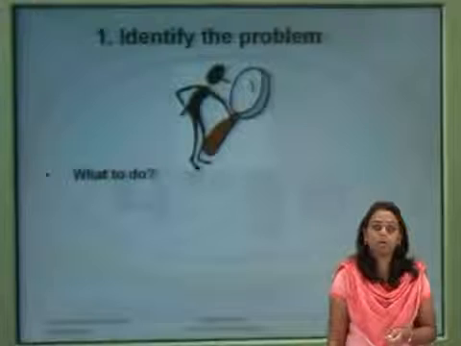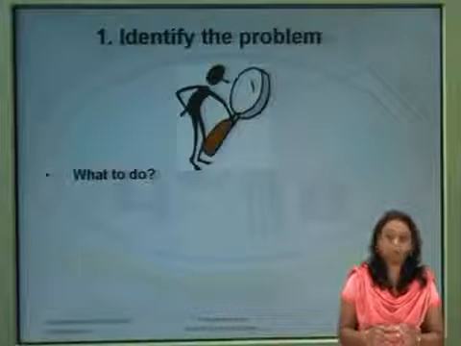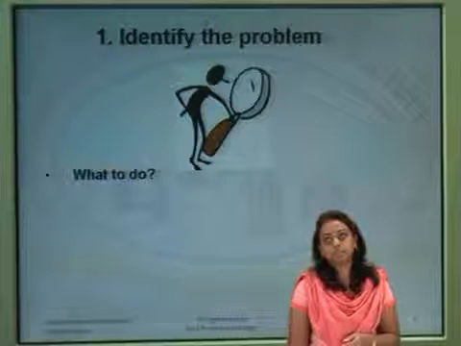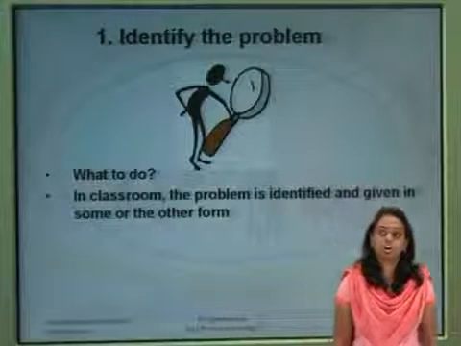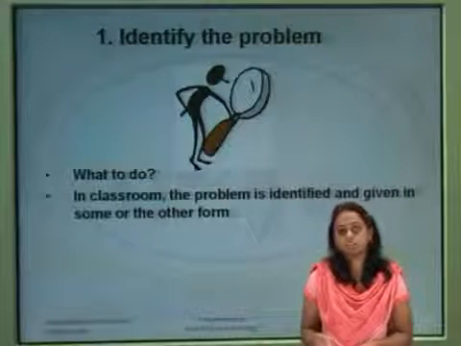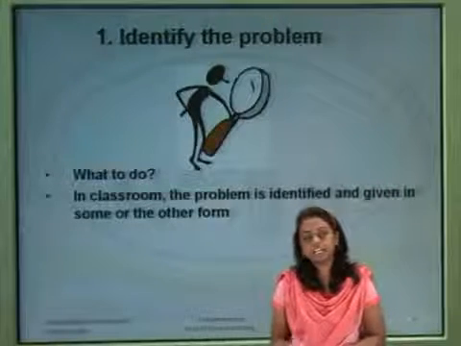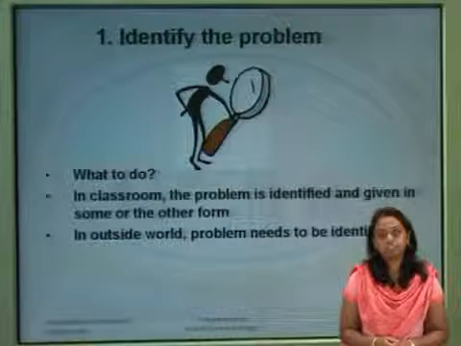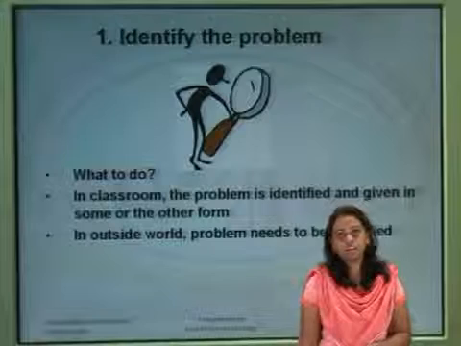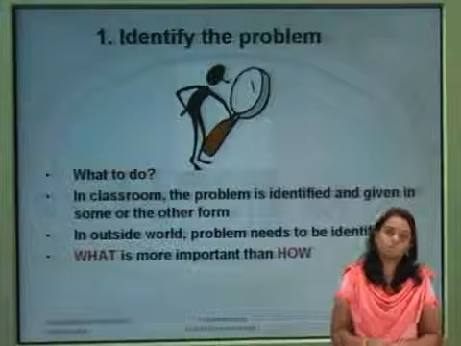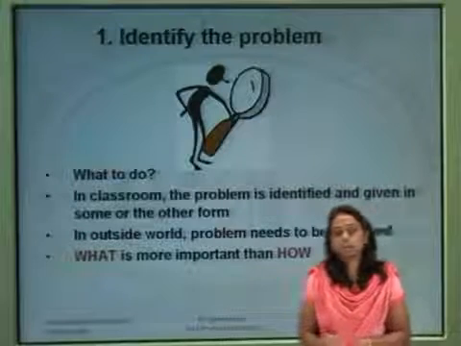In identifying the problem, we need to know what is to be done. In the classroom, the problem is already identified and given in some form, like a question or a problem statement. But in the outside world, you need to identify the problem. Here, understand one thing: what is always more important than how.